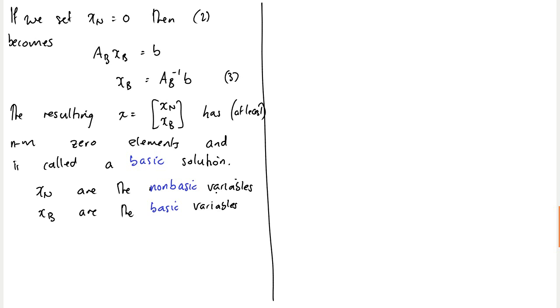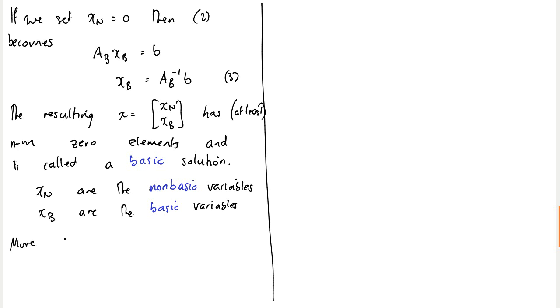Okay, so we make a distinction between the variables we've set to 0 and the variables that we've just solved for from equation 3. More generally, what I did to start with is I rearranged my matrix so that the last m columns were linearly independent. In practice, you don't actually need to rearrange the matrix. All you have to do is pluck out m columns that are linearly independent, and if you keep track of which ones you plucked out, then those are your basic variables.